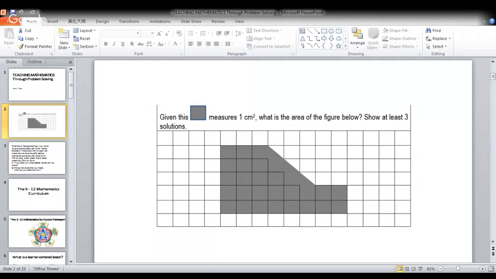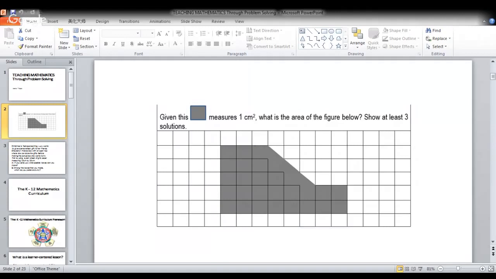So if you were a child, you would count it manually, depending on the grade level of our students or of our learners. Right. Okay, Mark, thank you for that. So Mark hasn't counted it manually.